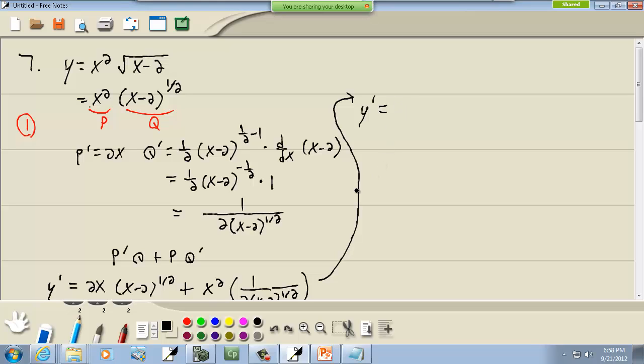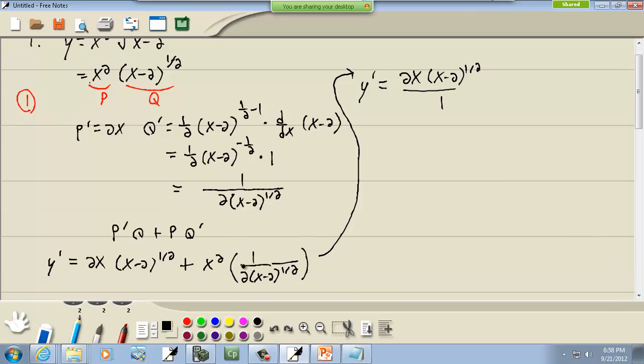So I know eventually I'm going to want to get a single fraction. So let me go ahead and take 2x times x minus 2 to the 1/2. Let me put that over 1, because if you're going to add fractions, they both should be fractions. And this one, I'll go ahead and put the x squared up on top. Now, a common denominator, if one of them is 1, the other one is your common denominator.